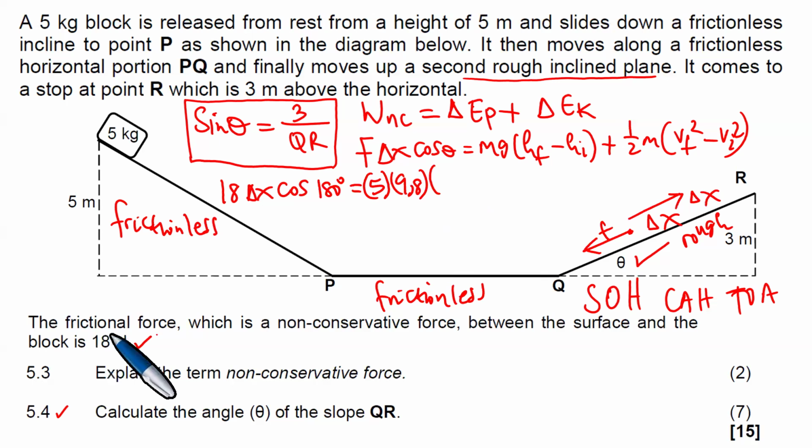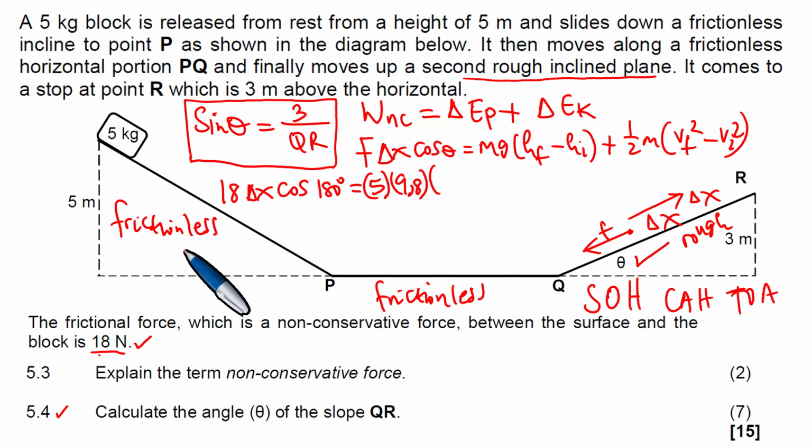The friction force, which is a non-conservative force between the surface and the block, is exactly 18 newtons. All right, good. So they've given it to us. That is exactly the friction force when it goes up the rough surface.